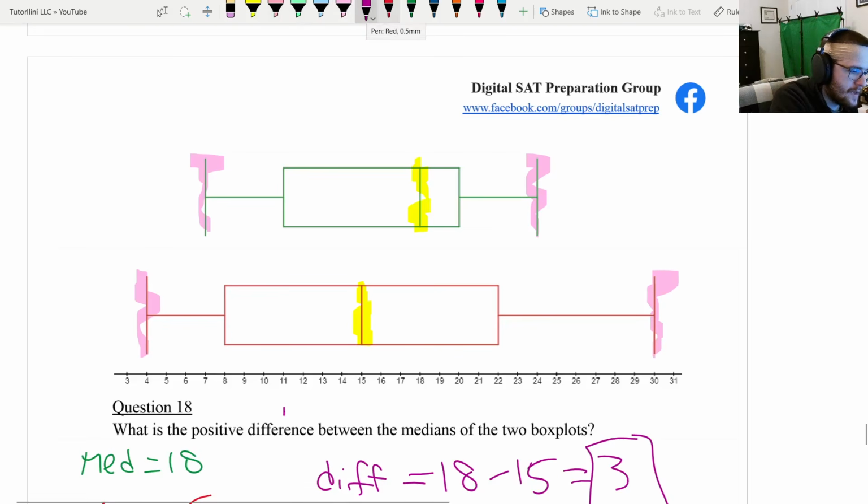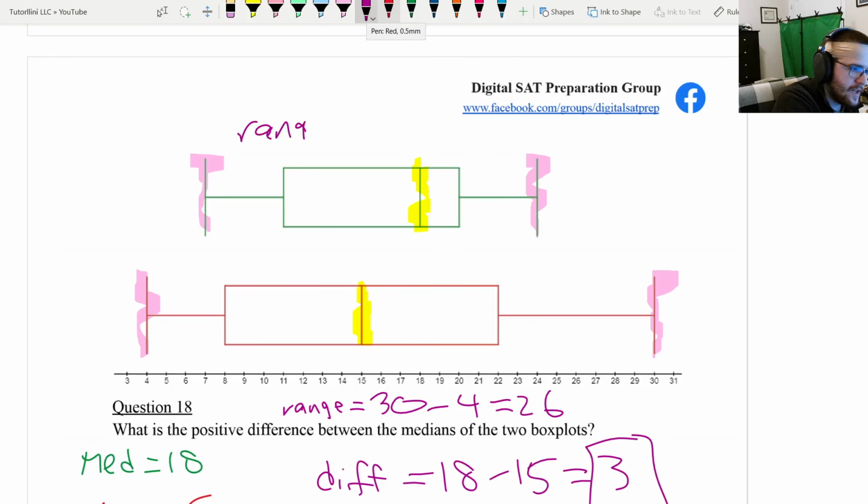So the red one has a range of 30 minus 4, which is 26. And then the green one has a range of 24 to 7, which is 24 minus 7 is 17.